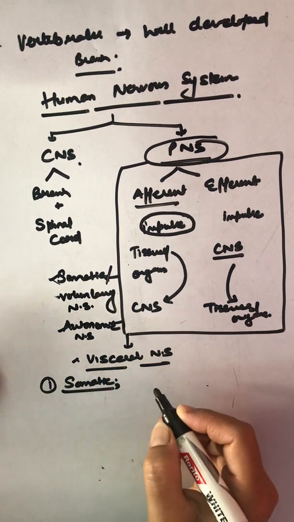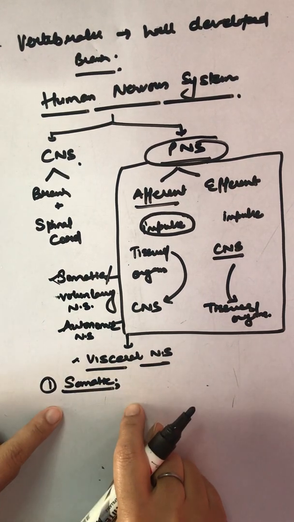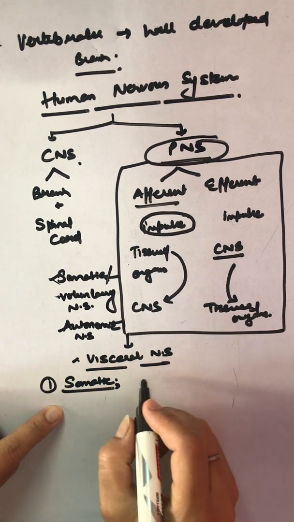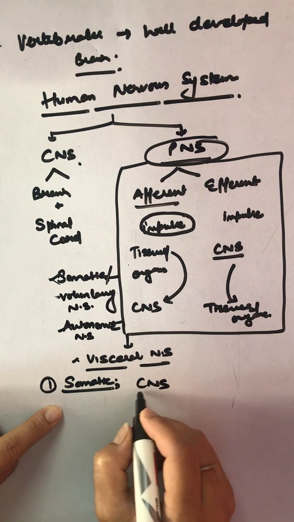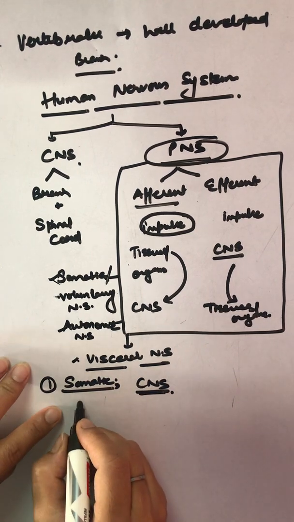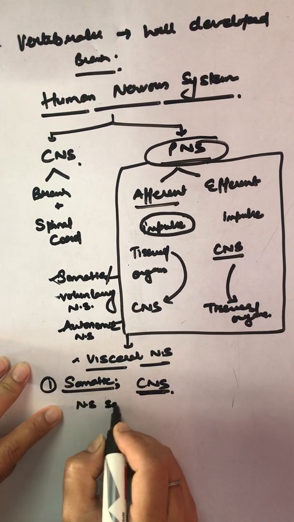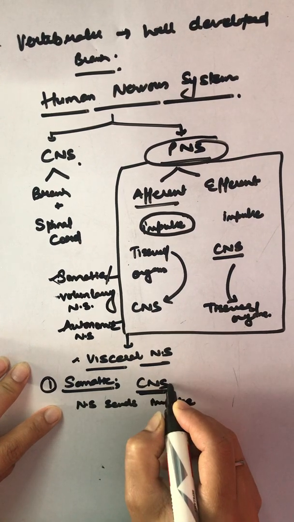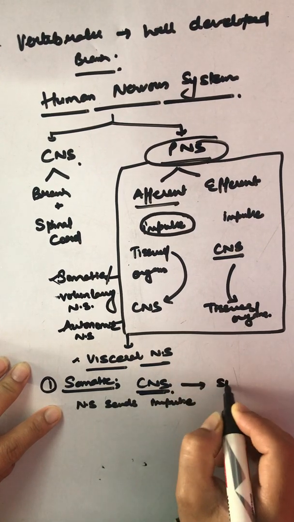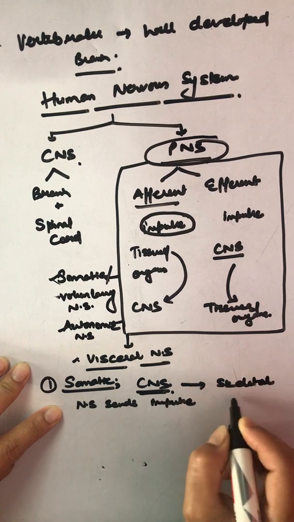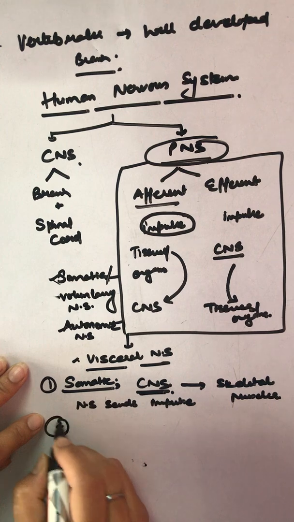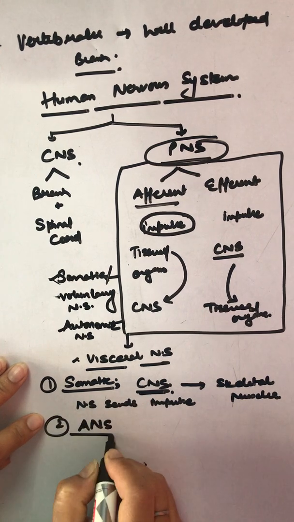In the somatic nervous system, the voluntary nervous system sends impulses from the CNS to skeletal muscles. Then, the autonomic nervous system.